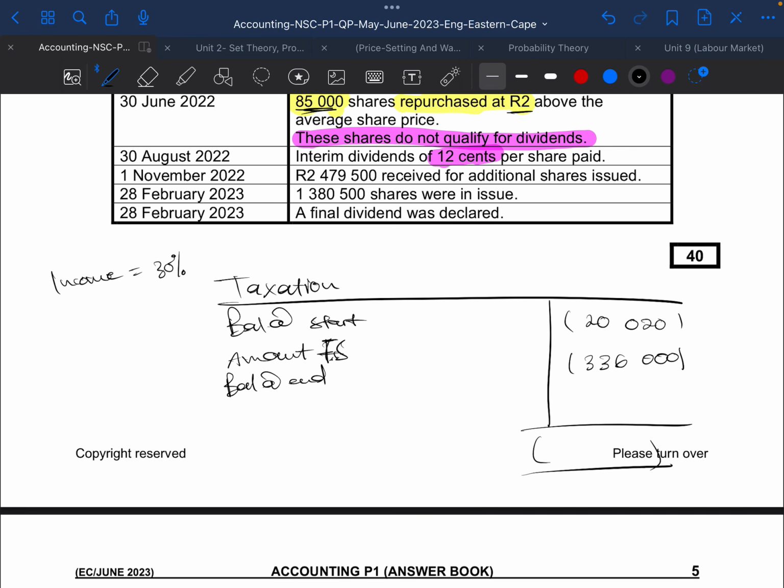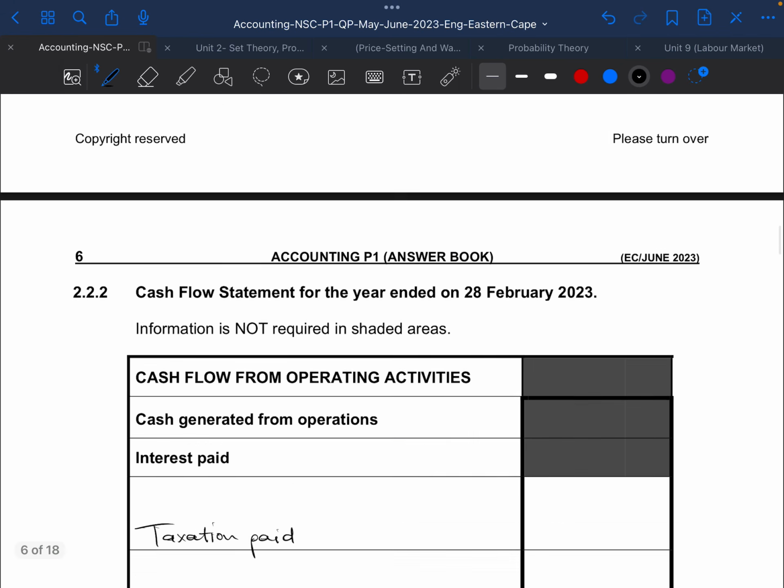We are focusing on the cash flow statement. That means we have paid SARS more money. If we have paid more money, that simply means it's an outflow of 9,660. So let's see how much we have paid in total. We can simply add all these amounts because they are in brackets. Then we get 365,680. Okay, let's just quickly write that.